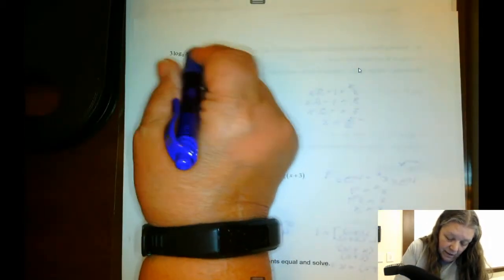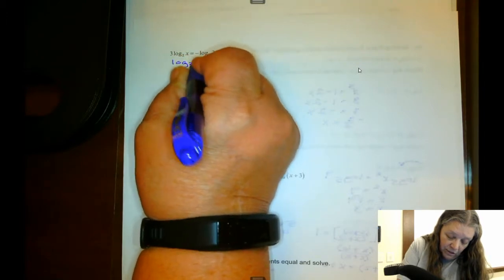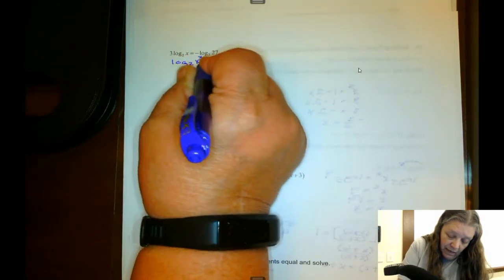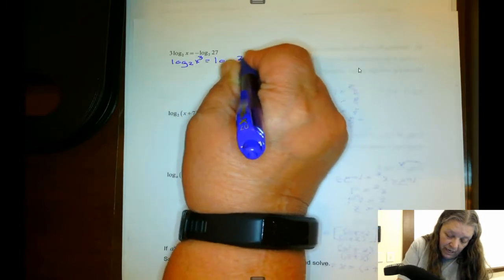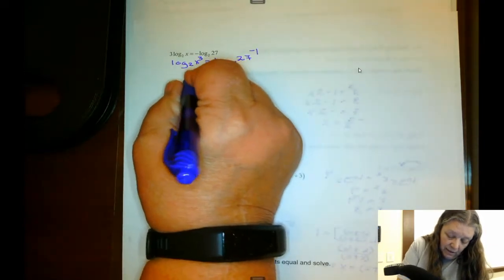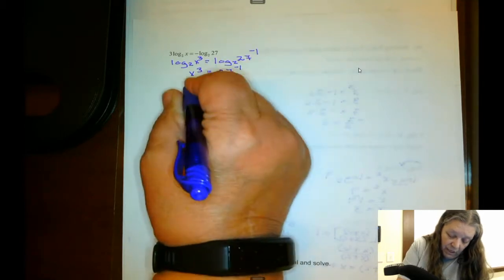So again, bring the exponent up. So log base 2 of x to the 3 equals log base 2 of 27 to the -1. So x to the 3 equals 27 to the -1.